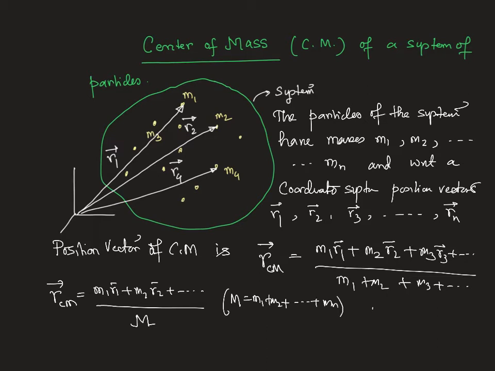We can also write RCM is sigma mr divided by capital M, where capital M is sigma m. So this is the position vector of the center of mass.